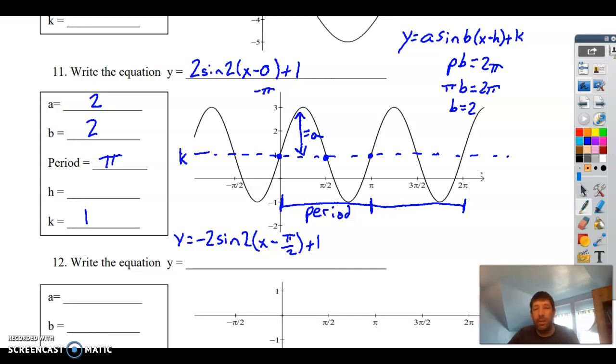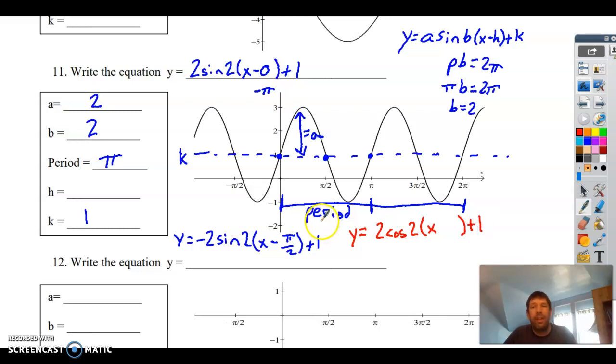But we could also write it using cosine. Okay, so I'm just going to switch colors here. So using cosine, again, as I said, all the values except for h basically stay the same. So we still have 2 cosine 2x minus something plus 1.